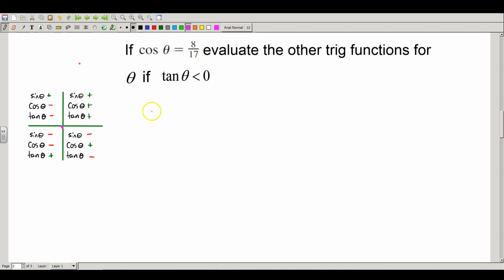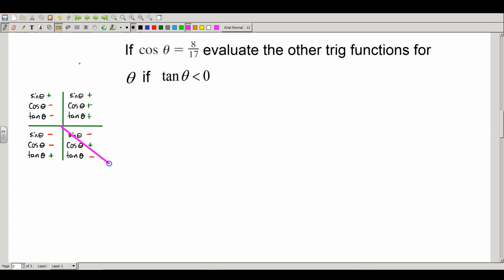So now understanding our constraints, we would think about this and say, all right, if the cosine of theta is positive, that means that theta is either going to be in quadrant 1 because cosine is positive here, or it could be in quadrant 4 because cosine is positive here. These are my two options, here or here.